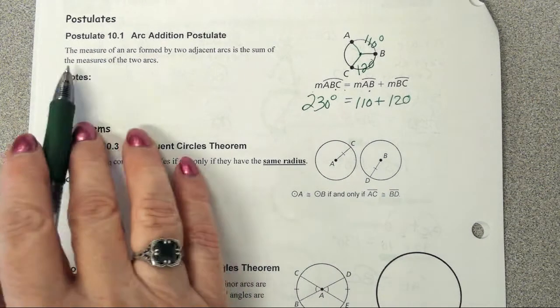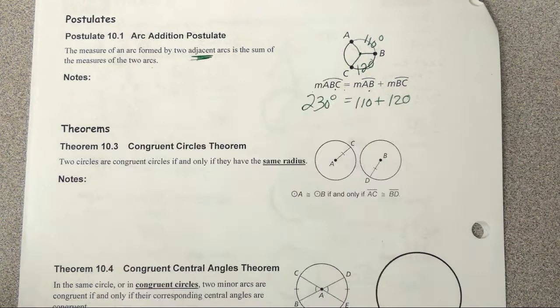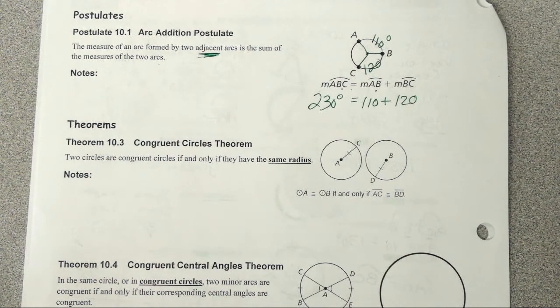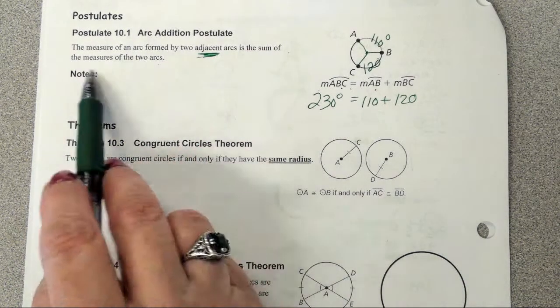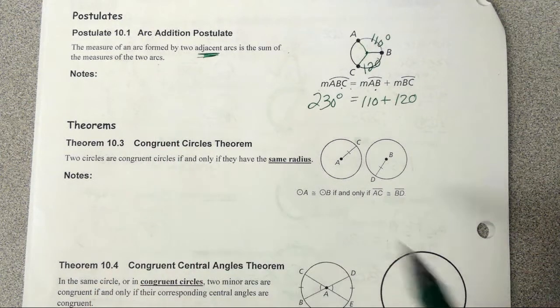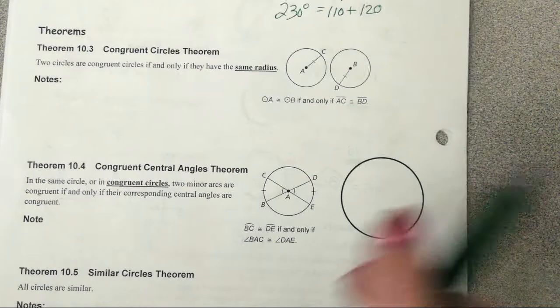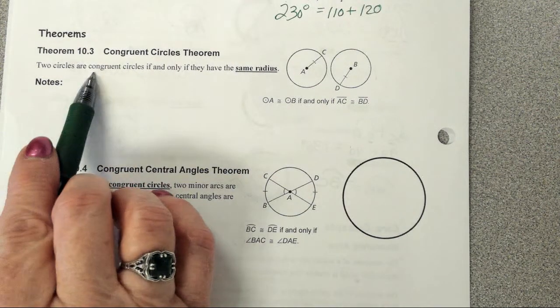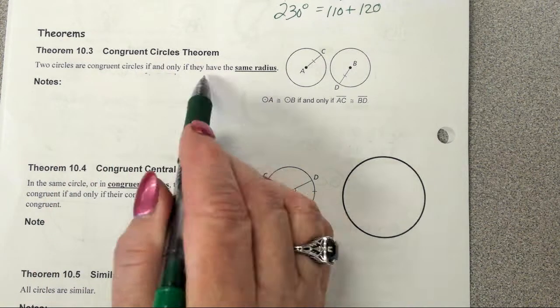So the measure of an arc formed by 2 adjacent arcs, so that's why we needed to know that word adjacent, is the sum of the measure of the 2 arcs. As long as they're connected, you can just add them together. Congruent circles: 2 circles are congruent if and only if they have the same radius.